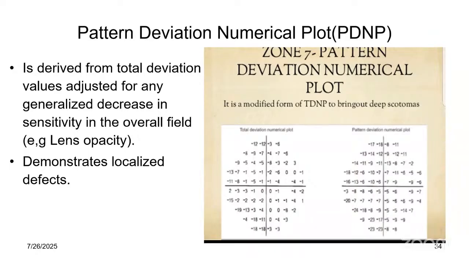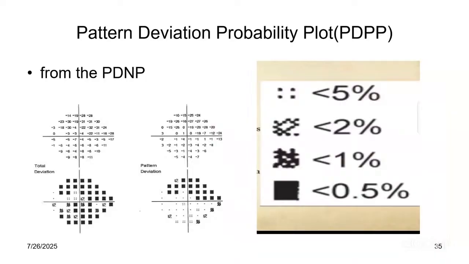Those points that still retain their higher p-value will now be the localized defects that will be seen subsequently.